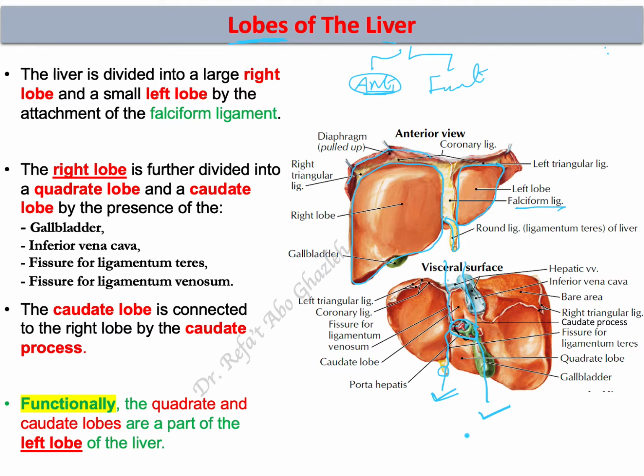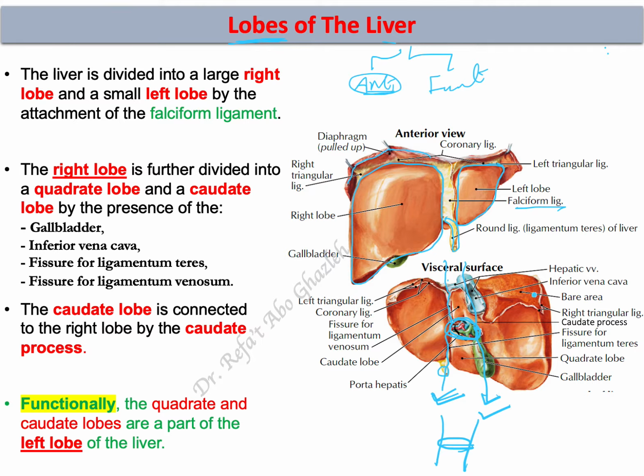So these structures create a kind of arch shape. This is the left fissure, this is the right fissure, and this is the transverse fissure, or porta hepatis, which creates this transverse plane in between.